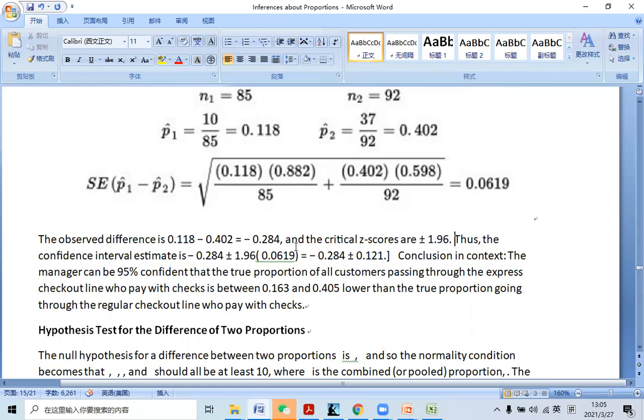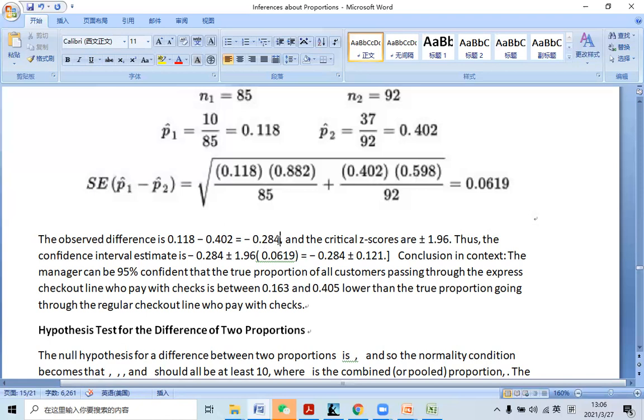Now what do you need? You need the standard deviation. Your margin of error is 1.96 standard deviations above the mean or below the mean. So you know the mean, you know the estimate, that's the 28.4. That's the difference between the two samples.